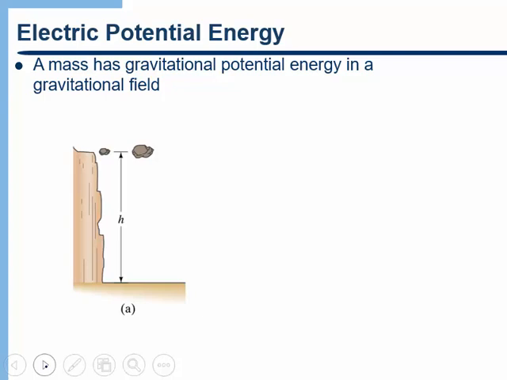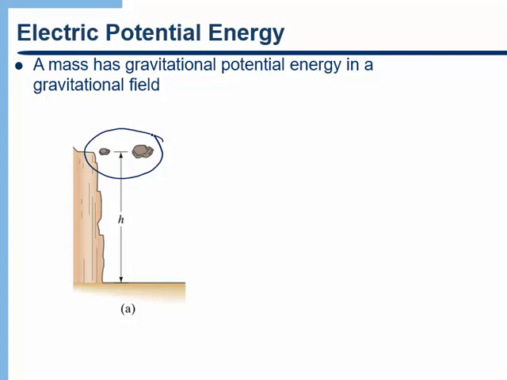We know that if you have a mass in a gravitational field, it has potential energy. And the way we know that is if you take this object and you let it go, it gains kinetic energy. If it's gaining kinetic energy, it must be losing some other type of energy, and that's gravitational potential energy. By the way, which of these objects has a greater gravitational potential energy?